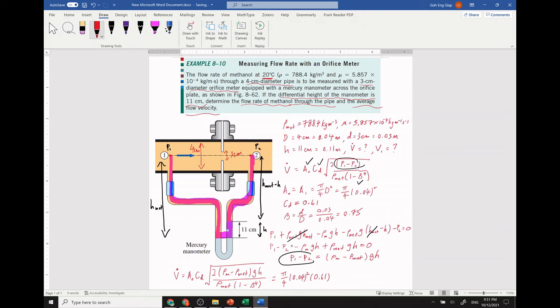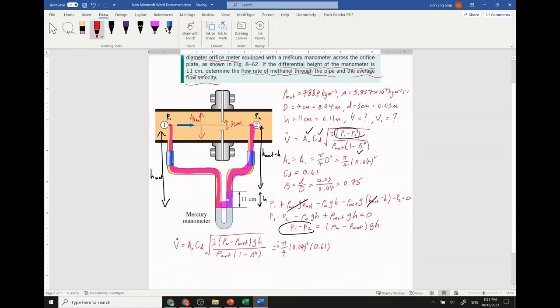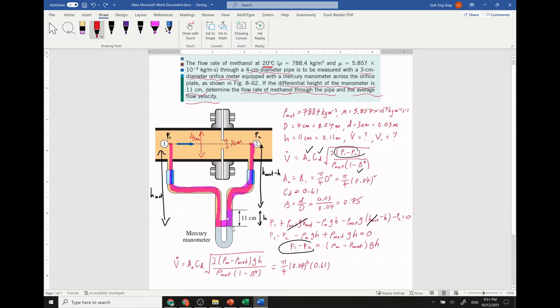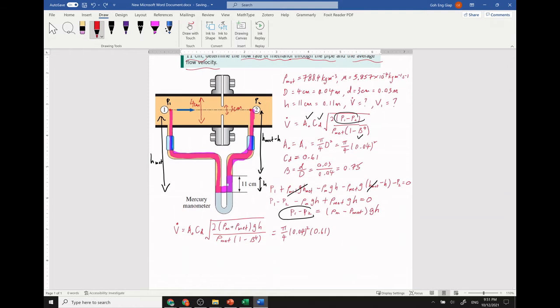And we have the bracket 2. For mercury, the rho mercury is 13,600 kilogram over meter cube.